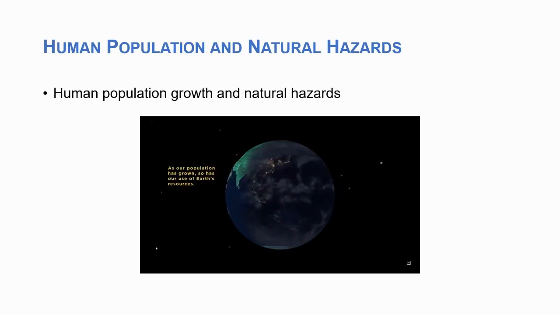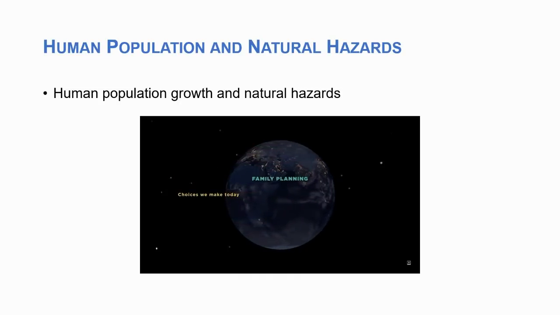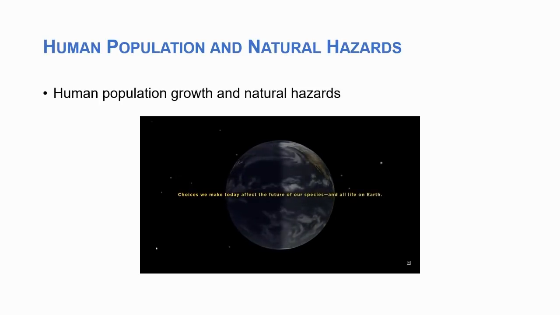So our use of the Earth's resources has grown, but also the risk of disasters because more people live in harm's way. So you can see that increase in the trend of natural disasters that are occurring.